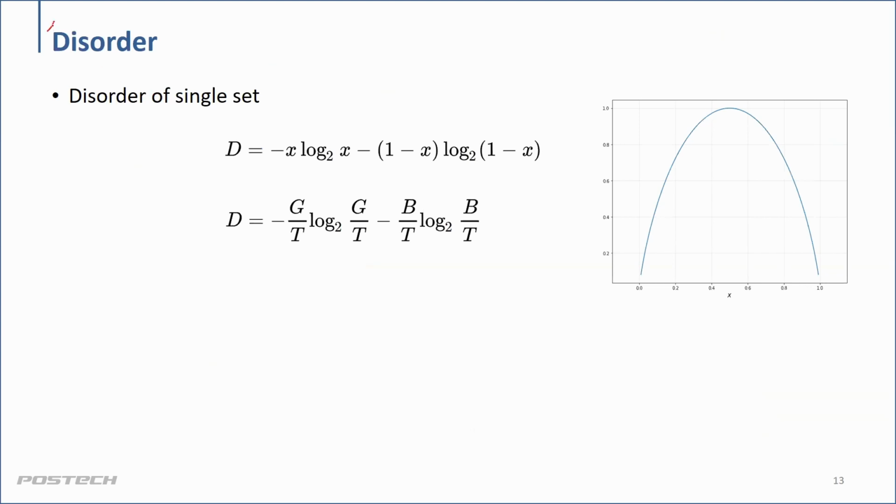Here, disorder. So that's the definition of disorder. I'm gonna show you and explain what it is in a minute. But before that, let me ask, does this look familiar or not? The equation that we have.